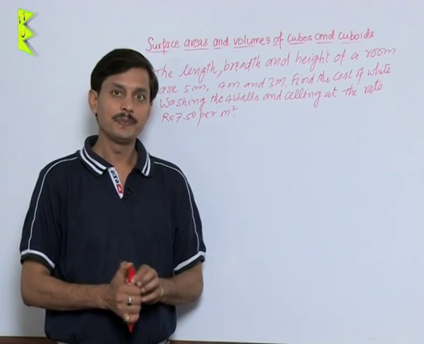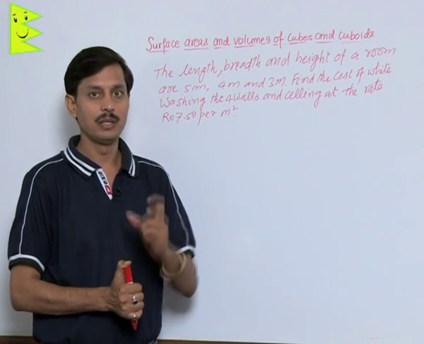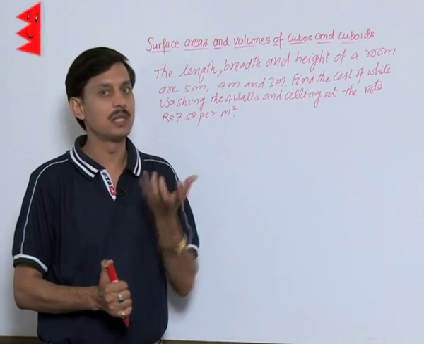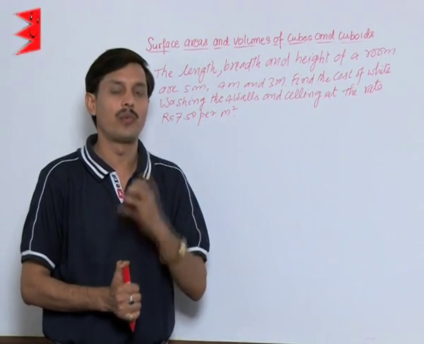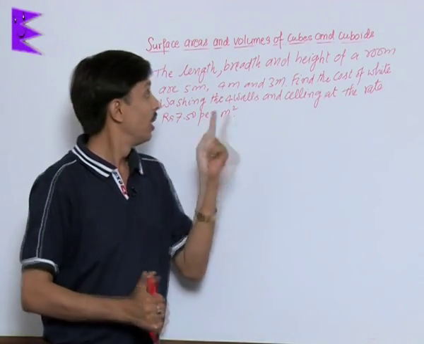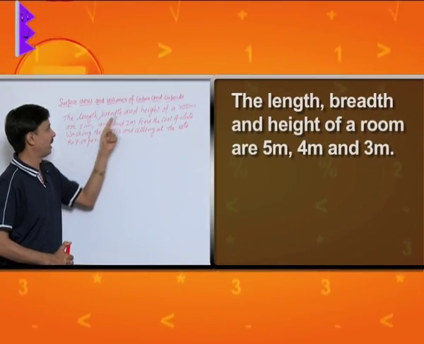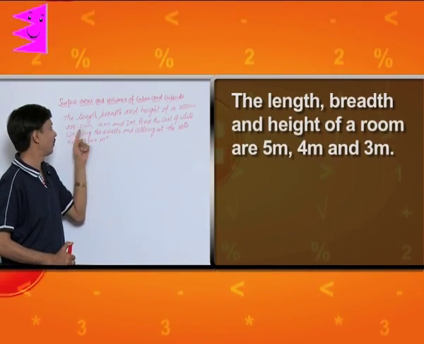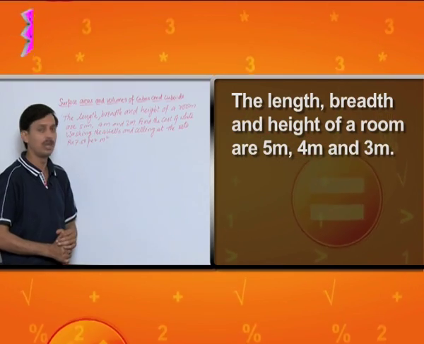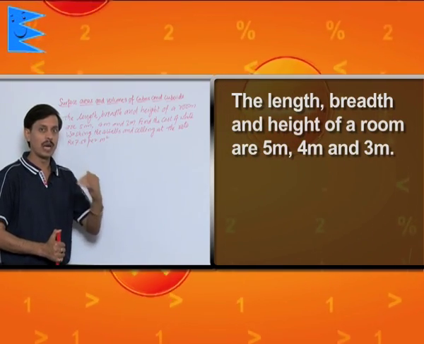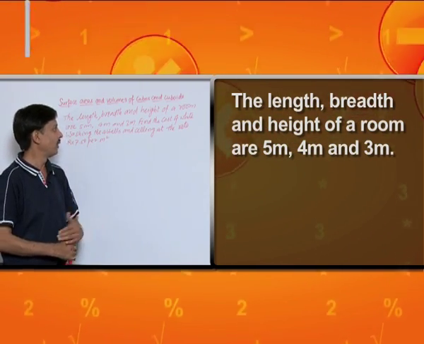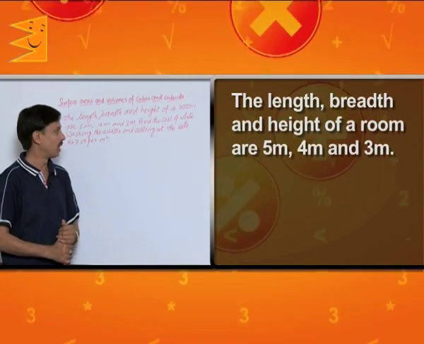Next example, where I am taking the application of surface area and how to find the cost. The question is: the length, breadth and height of a room are 5 meter, 4 meter and 3 meter. A room is 5 meter long, 4 meter wide and 3 meter high.